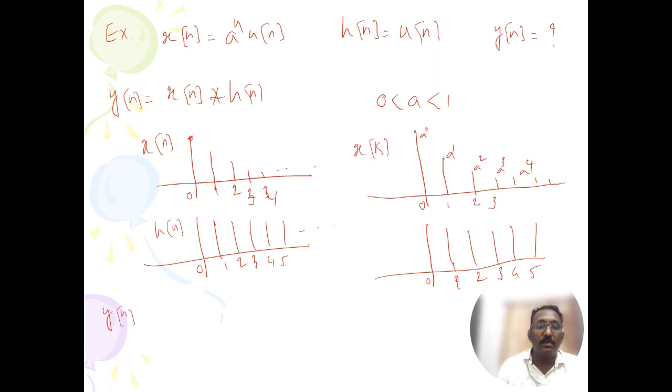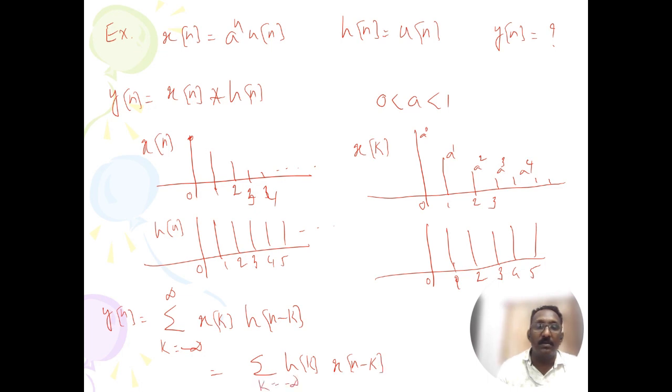y of n is equal to the summation of x of k, h of n minus k, k equal to minus infinity to plus infinity. This is also equal to the summation of h of k, x of n minus k, because convolution is commutative.